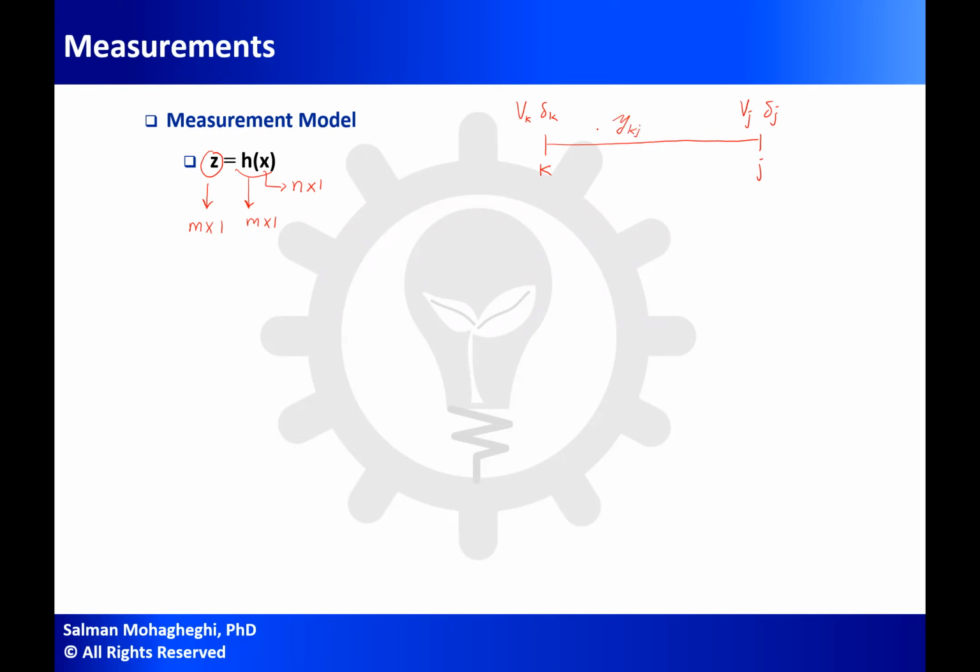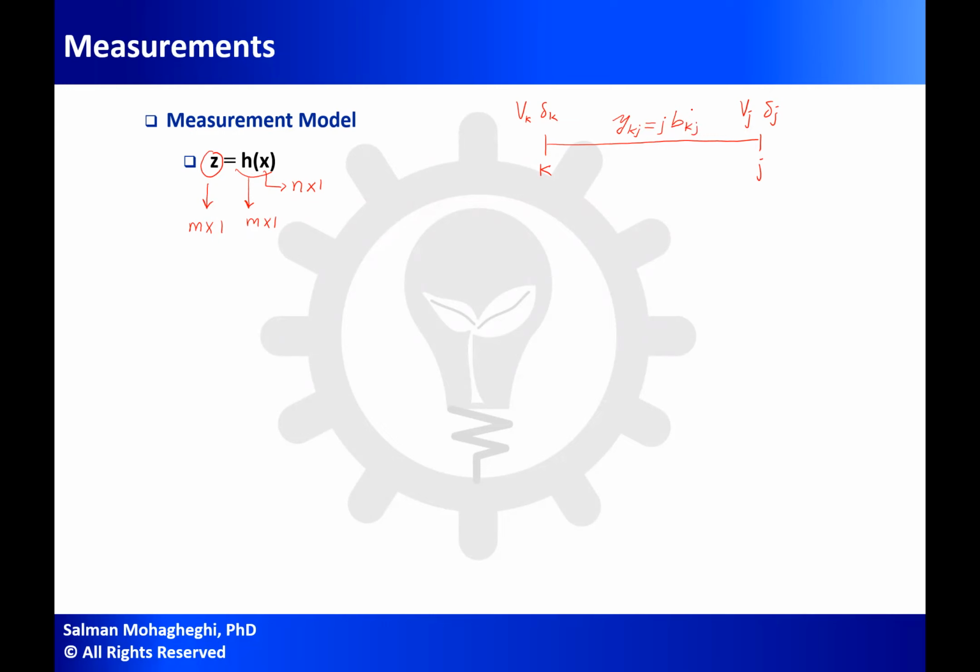Notice whenever I use small letter, I'm referring to the actual admittance of the line. If I use capital letters, that would be the particular entry of the admittance matrix. And again, for simplicity, let's assume that the line does not have a conductance. So this admittance matrix is simply equal to the susceptance times j.